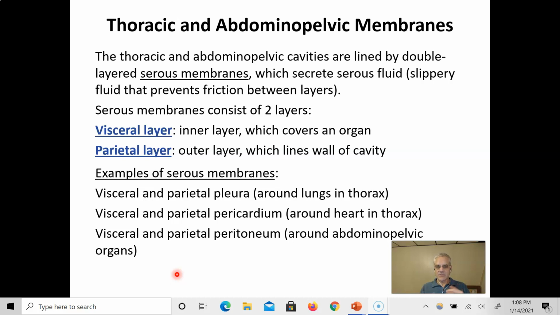But there's really 3 of these serous membranes that are extremely important, unbelievably important, in the function of those tissues that they're wrapped around. And I said there are two layers of these membranes. The layer that is closest to the organ itself is called the visceral layer. Remember, I already told you about this word viscera. Right? So the word viscera simply means the organ itself.